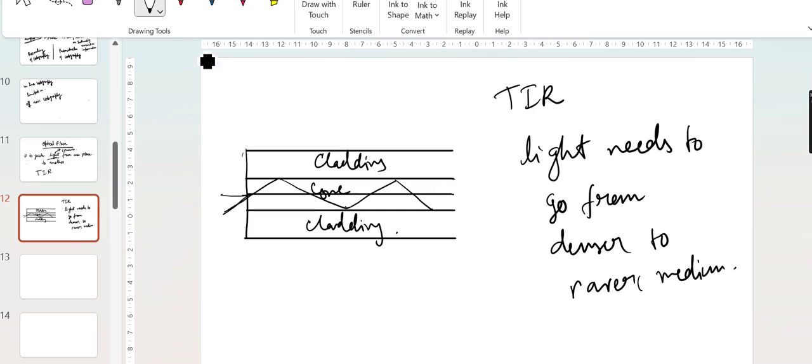So this is I, and this is theta, and this angle phi needs to be critical, and so on and so forth.